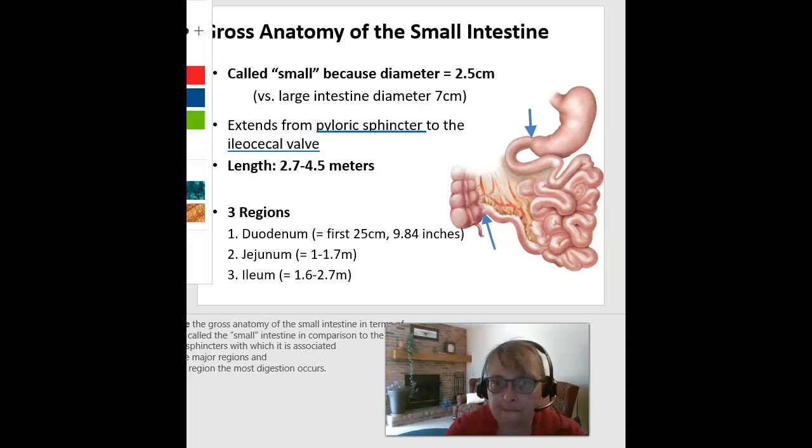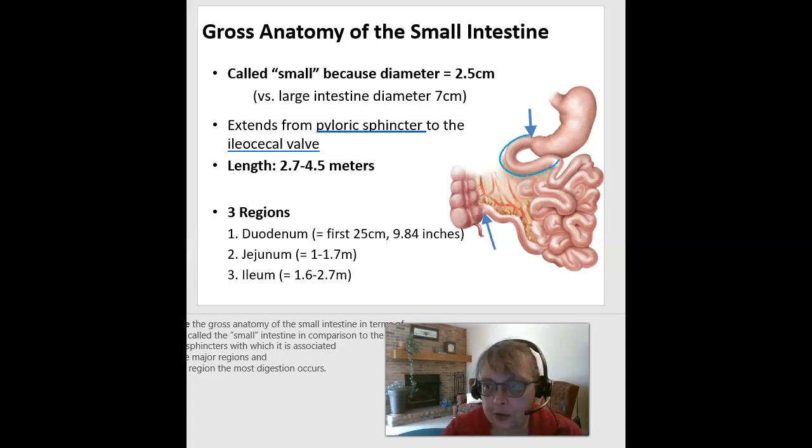It's only about 25 centimeters. I bring that up because most chemical digestion and absorption take place in the duodenum.